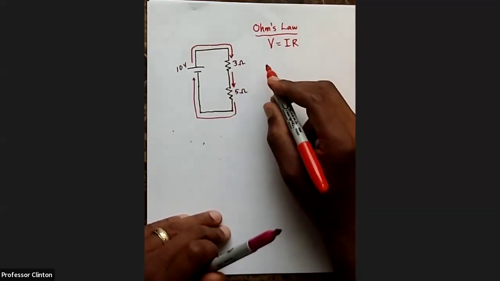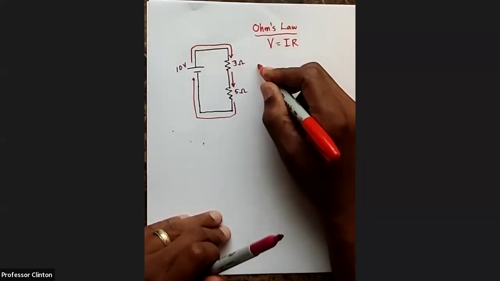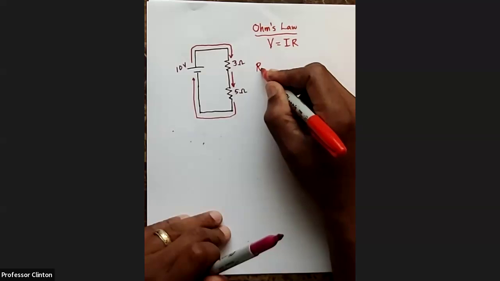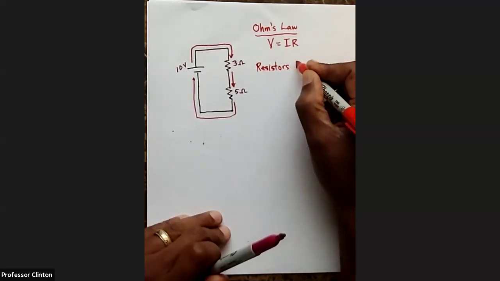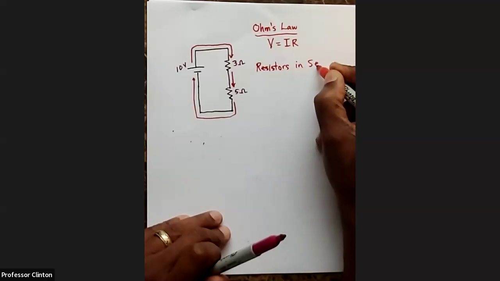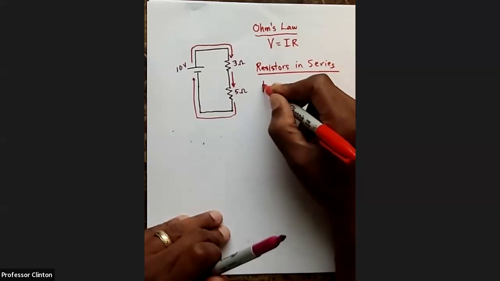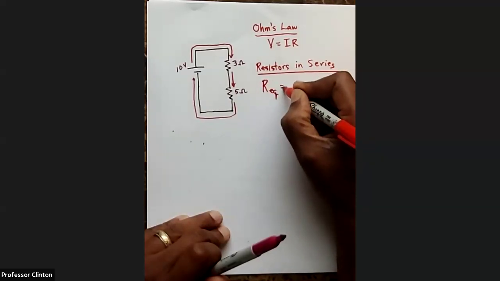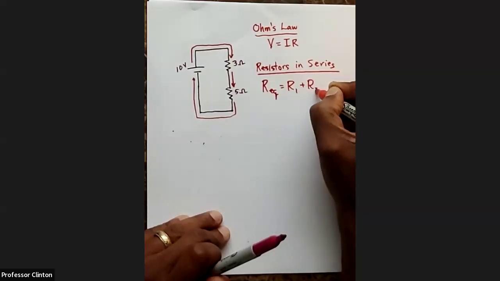And then for a circuit where our resistors are in series, and I'll define that in just a second, we'll simply sum the resistances. So let's define R1 and R2.